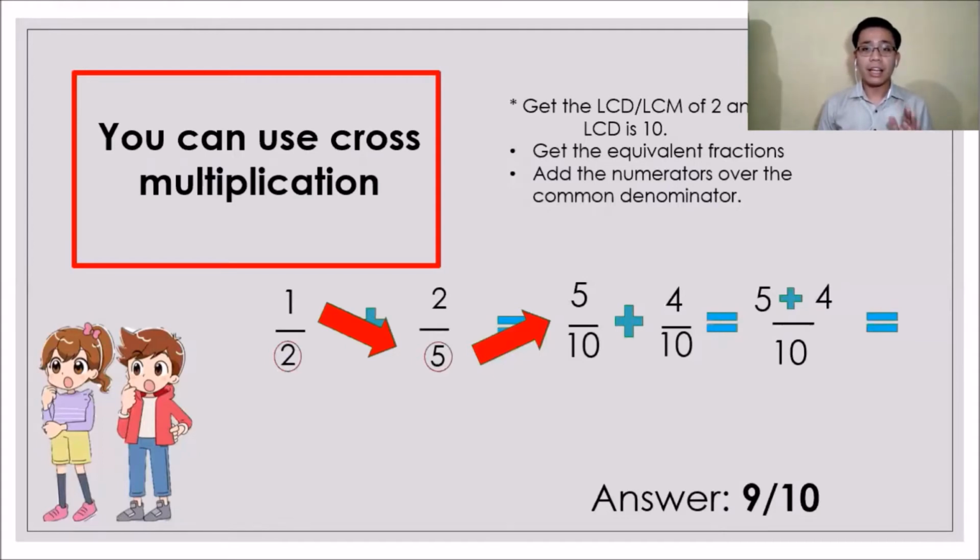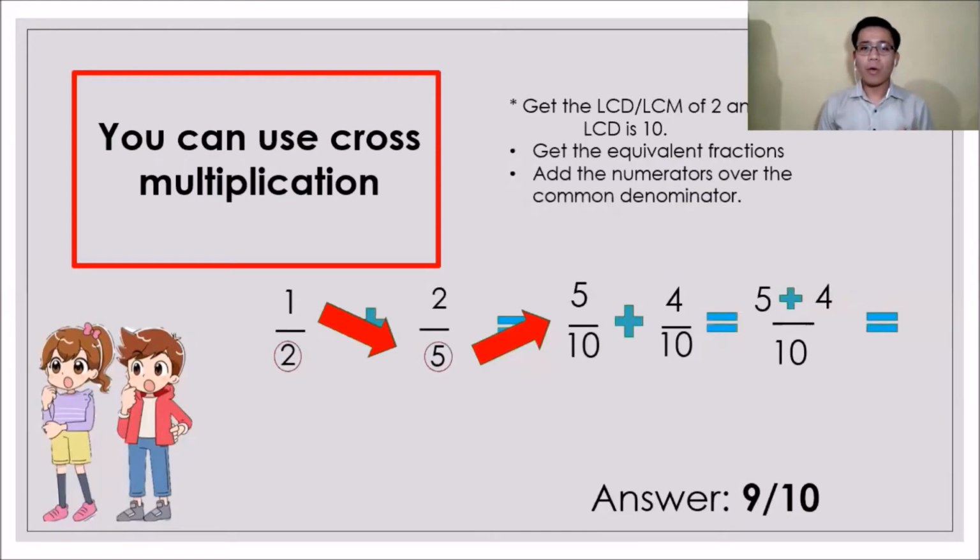But first, let us get the LCD, which is 2 and 5. So on until we reach the 10. Another is 5 times 1 is 5, and 5 times 2 is 10. So we get the least common denominator, which is 10.